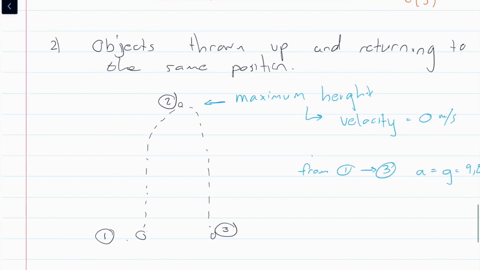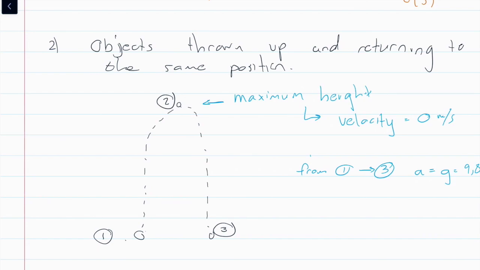Then let's add 2 more points, 4 and 5, and these points are at the same position. So the velocity at 4 is equal to the velocity at 5.